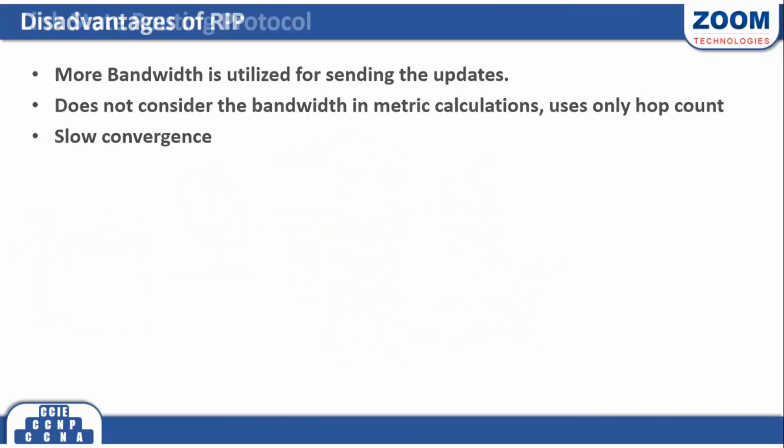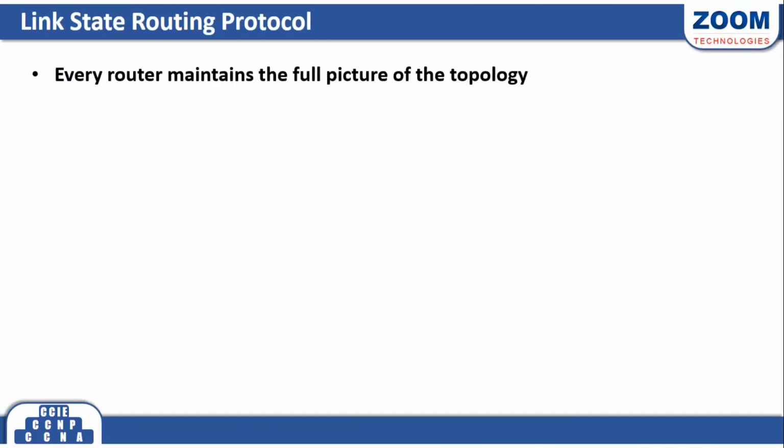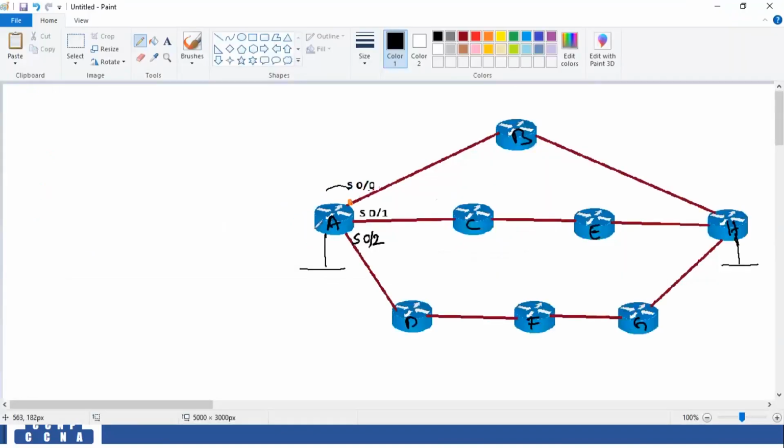Today I'll continue with the next protocol, the link state routing protocol. In a link state protocol, every router maintains a full picture of the topology. So it's a very important point. Remember, every router maintains a full picture of the topology. This is the topology.